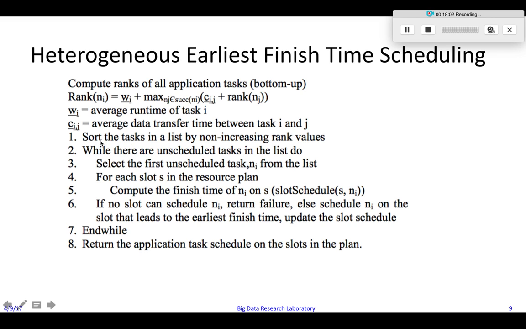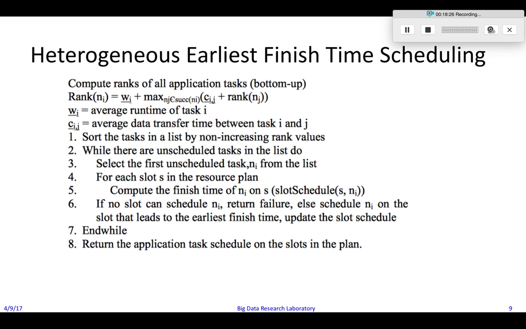Then we sort the task list by non-increasing rank values, and we select the first unscheduled task. And then for each slot in the available resources, we need to compute the finish time for the specific task on this slot.